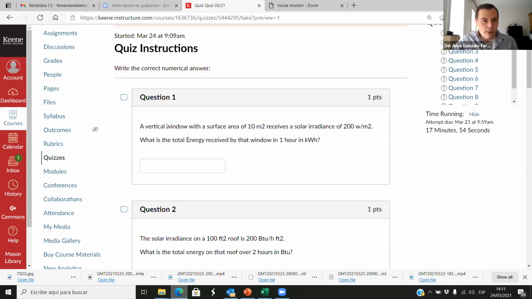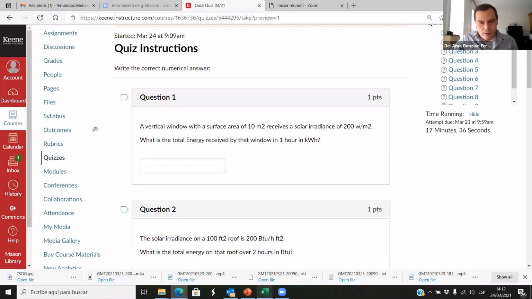In this case, we're talking about a window. We can talk about a window, a roof, or a PV panel. So if we know the area of that element, and we know the solar irradiance, we know the energy that is received in a specific time. In this case, it is 1 hour.